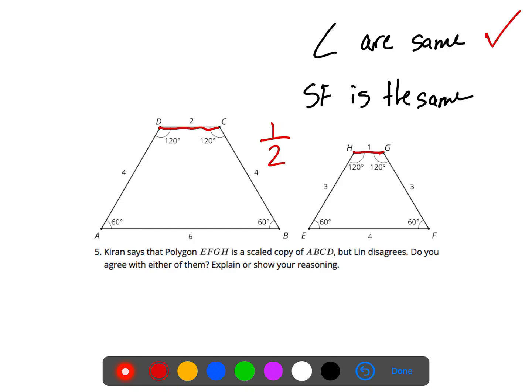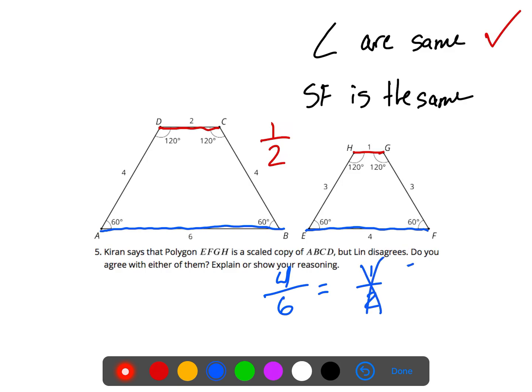Let's compare that to 2 other corresponding sides. So we have A to B being 6 units, E to F being 4 units. If I write that ratio 4 to 6, is that going to simplify down to 1/2? It's not.